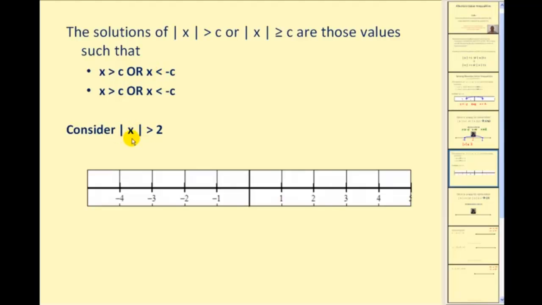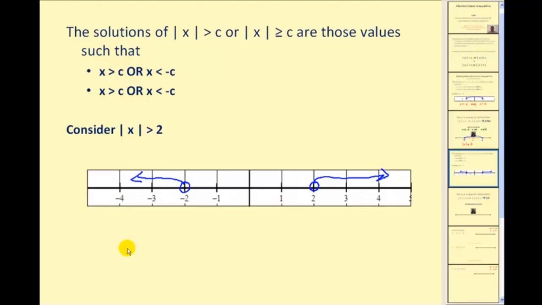So now if we consider the absolute value of x being greater than 2, we want all the numbers whose distance from 0 is greater than 2 units. We know we'd have an open circle on positive 2. In this case, the arrow would go to the right. All these numbers have a distance from 0 greater than 2 units, but we could have the same case on the left, open circle on negative 2, arrow to the left.